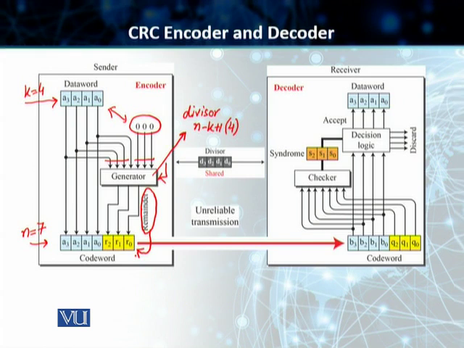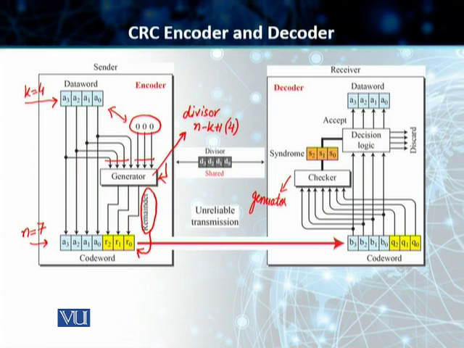Now students, on the decoding side, we receive the code word and we are assuming that this code word may be corrupted on the way to the receiver. So students, a copy of all these n bits is fed into a checker on the receiving end. Students, this checker is nothing but a replica of the generator that we used at the sending end. And students, as was the case with the linear block code, this creates a syndrome.